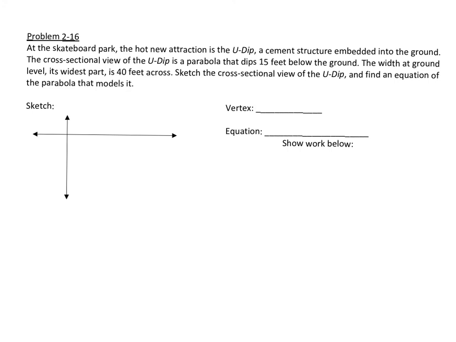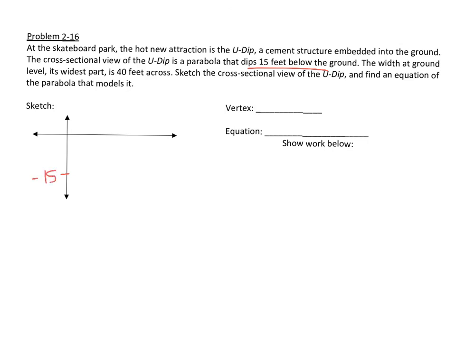So at the skate park, the hot new attraction is the U-dip, a cement structure embedded into the ground, aka a half pipe if you skateboard or snowboard. So the cross-sectional view is a parabola that dips 15 feet below the ground. So that's helpful to us because we know the vertex is going to be at negative 15.